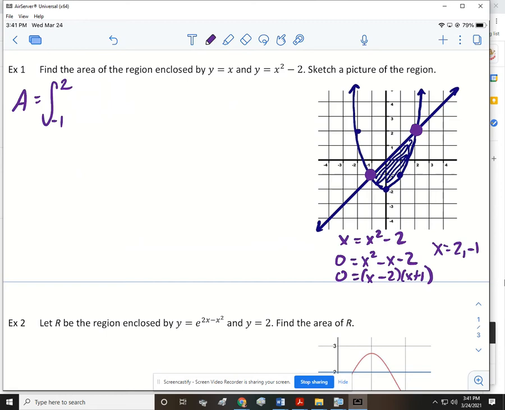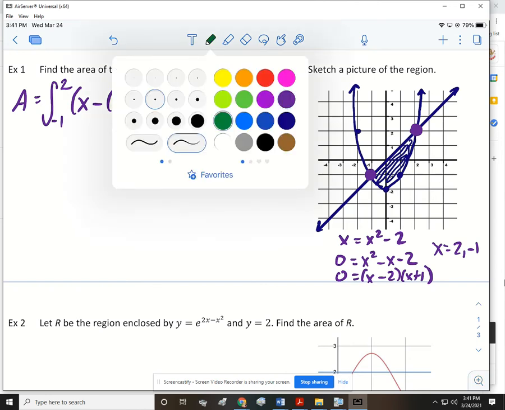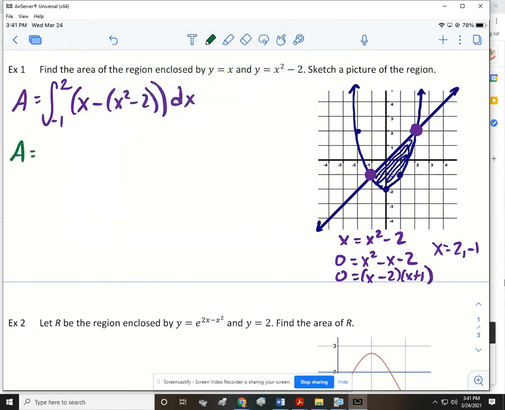Okay, and now our upper function is the line y equals x. So this is going to be x minus. Our lower function is the function x squared minus 2. So that's what we're going to want to integrate. All right, so I would distribute the negative, and I'm going to go ahead and put things in descending order.